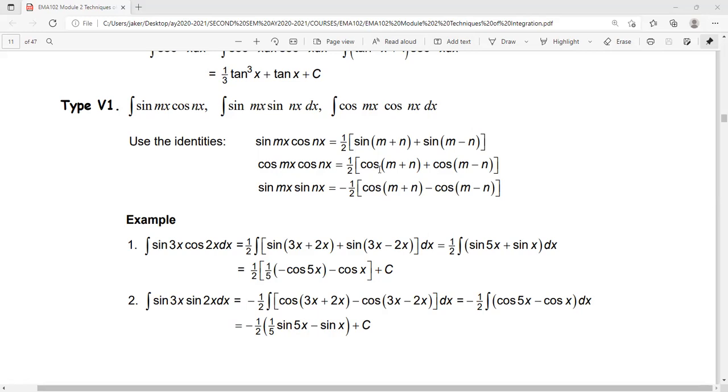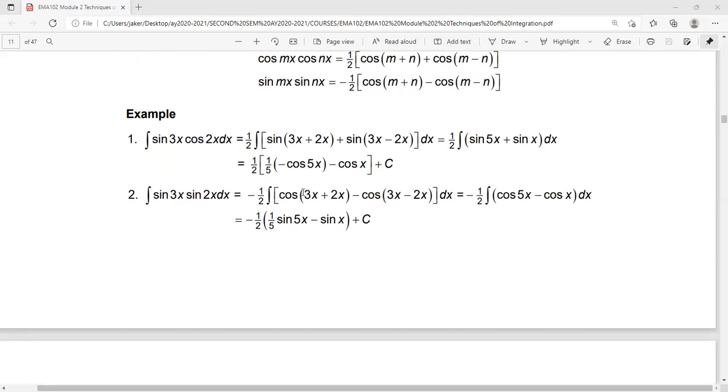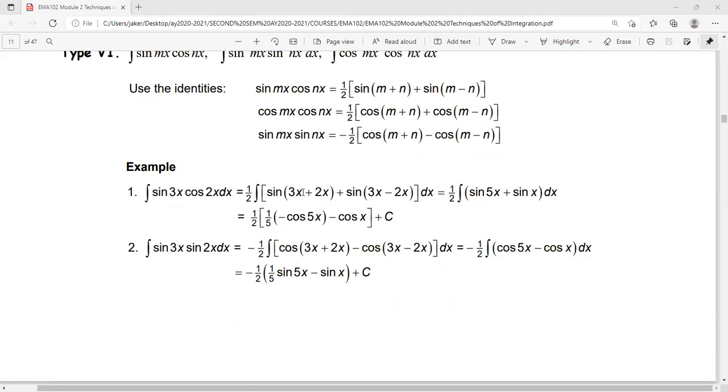So it's simple because you need not think of an identity to convert it. You need not multiply. You simply have to make use of this and go back to the elementary trigonometric integral of the sine and cosine. Use it. Now, I think to illustrate it better, you have here the example. So we'll tackle first the first two.